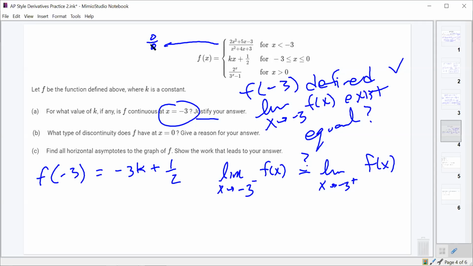L'Hopital's rule. So using L'Hopital's rule, and you'd write that all the way out, this becomes the limit as x approaches negative 3 from the left of 4x plus 5 over 2x plus 4, the derivatives of the numerator 2x squared plus 5x minus 3 and the denominator. Everybody good with that?